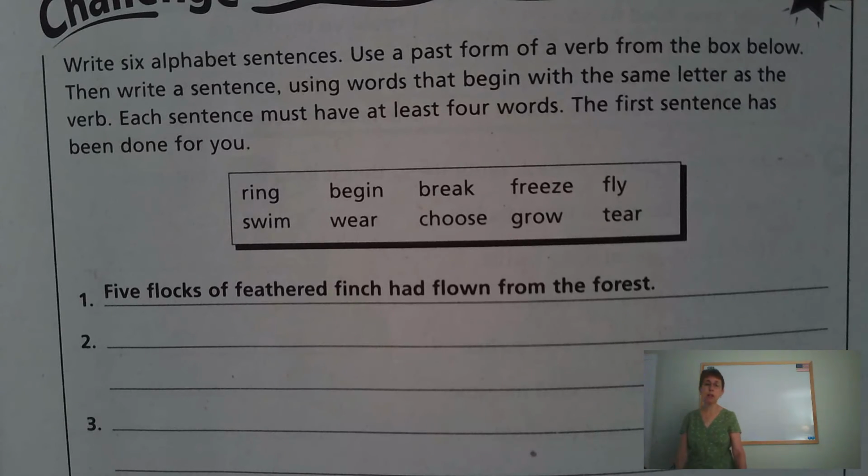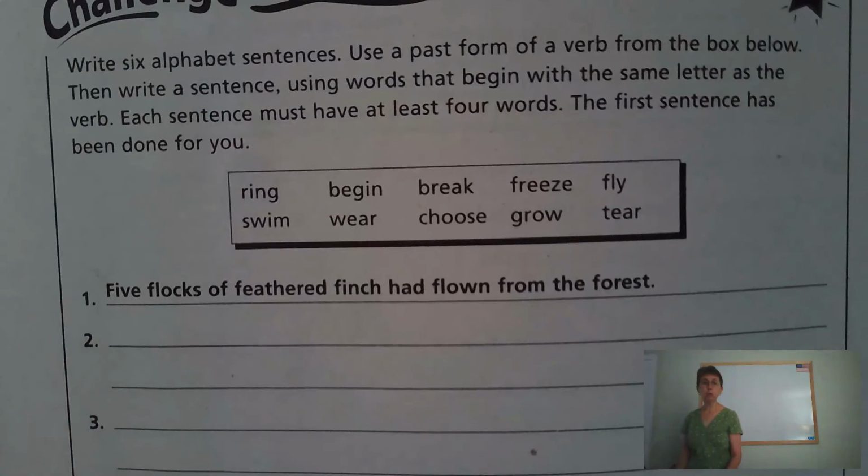That would have been correct as well. But you do need to choose 5 different verbs from the box at the top. You can use either the past tense or past with the helper. Either one is correct. But also make sure that the other words in your sentence begin with the same letter as the verb that you choose.